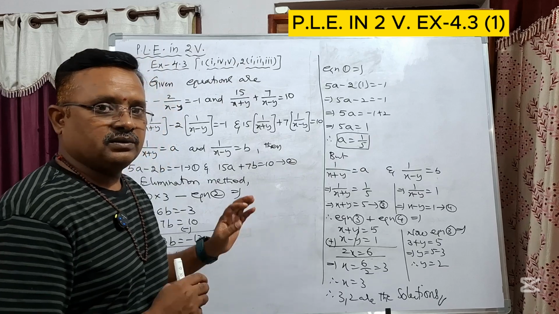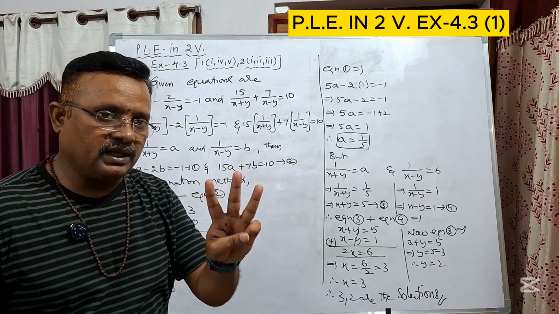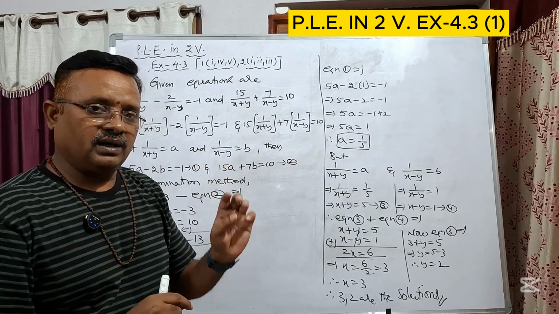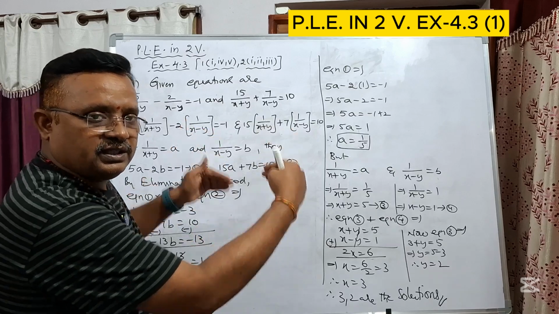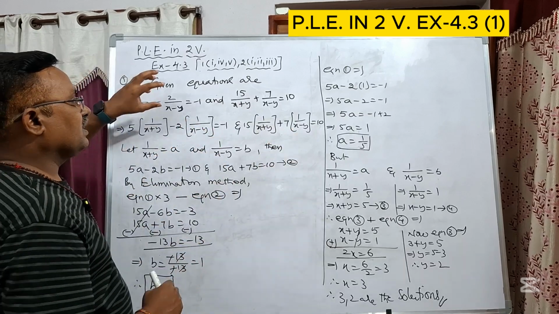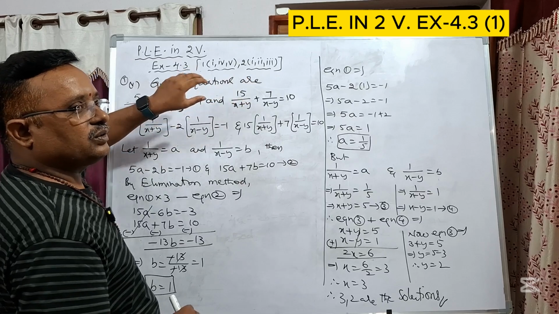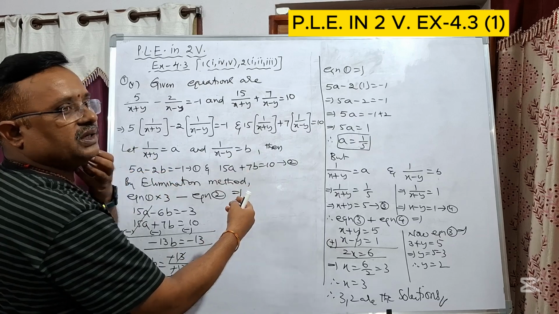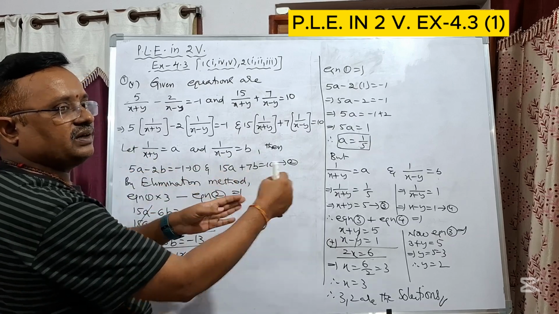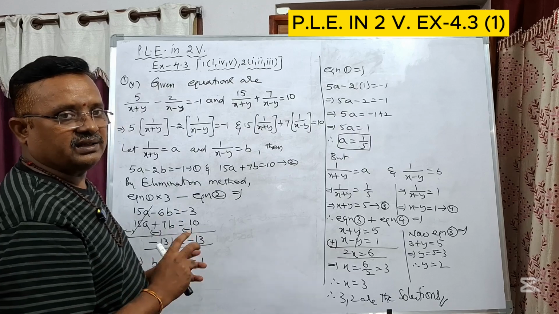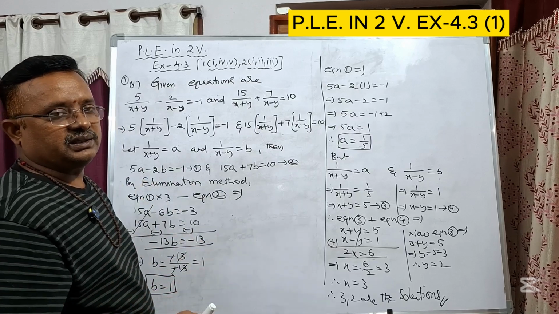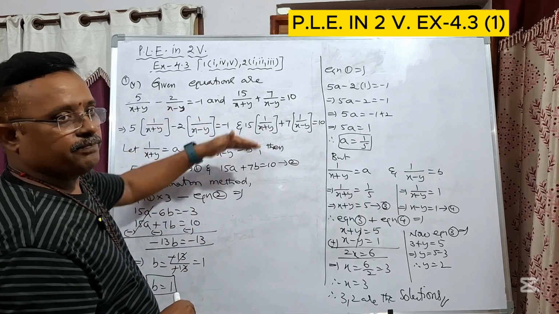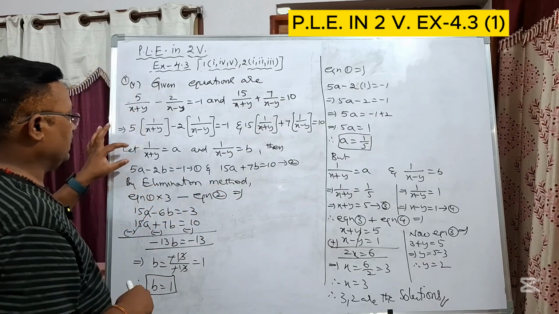Understood? So 3 problems only I have taken from the first bit. First one, fourth one, fifth one, all are having the same procedure, but asking the question in a different way. In the public examination under CCE pattern, different types of questions will come, but we need to follow this process only.